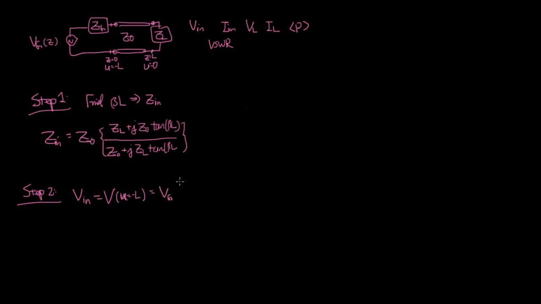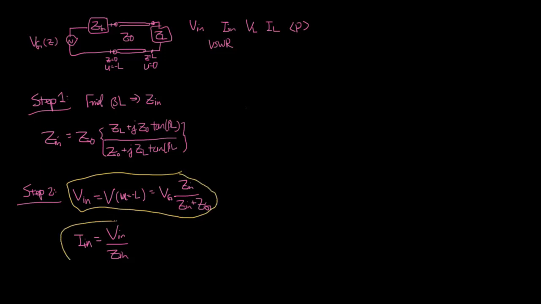So VG times Zin over Zin plus ZG. The current, in contrast, in this case, we're just looking at a positive going wave, and so it is just straight up the voltage in divided by the input impedance. So these two expressions allow us to find the first two of many parameters that we're exploring in this example.